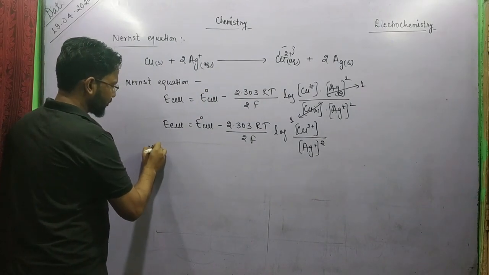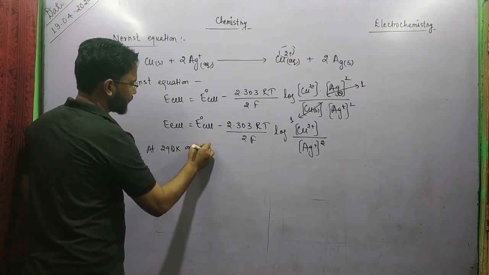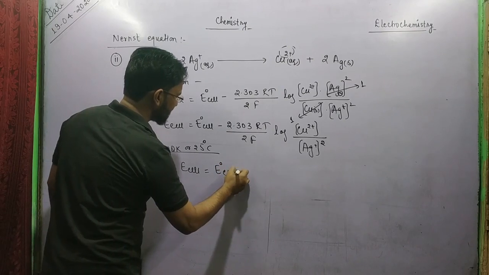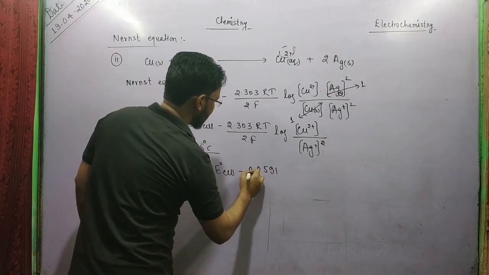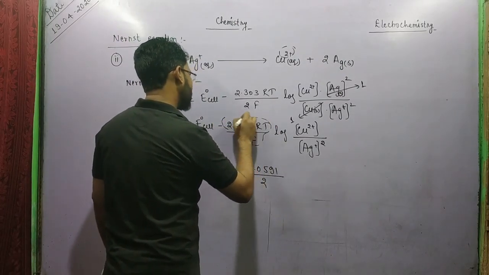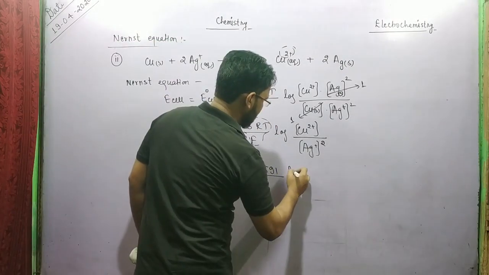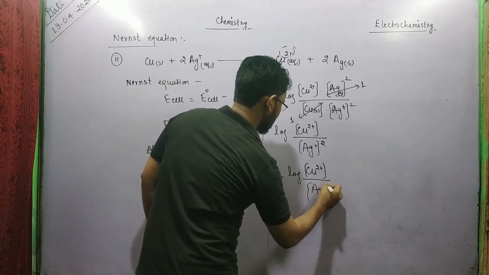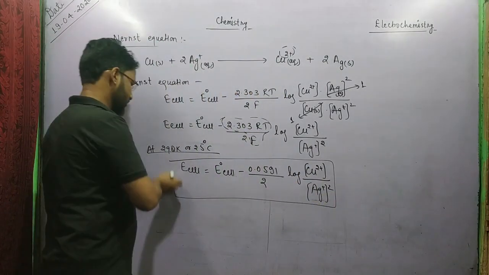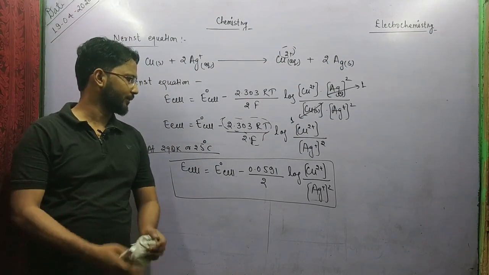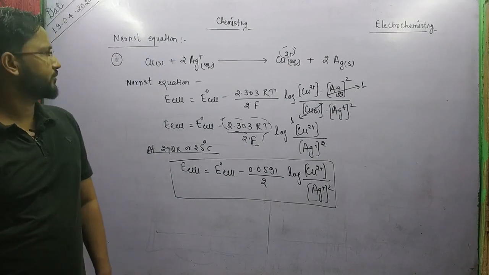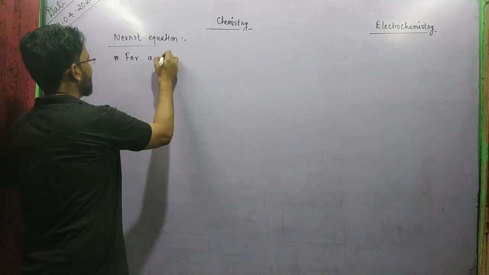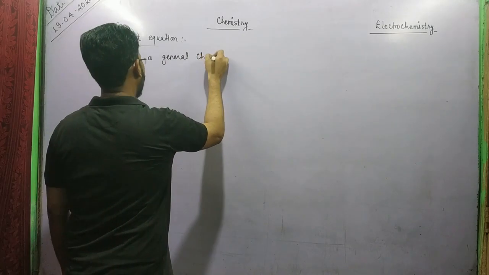At 298 Kelvin or 25 degrees Celsius, the equation becomes E cell equals E naught cell minus 0.0591 over 2 log of Cu2+ concentration over Ag+ concentration squared. This is the second equation.